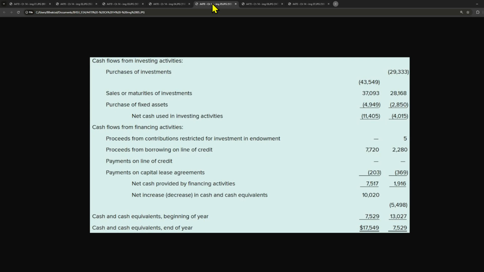When we talk about investing activities, it's typically saying we are trying to maintain the efficiency and effectiveness of our long-term assets. And you can see from a not-for-profit point of view, what are their long-term assets? A lot of times they take donations and put them into investments. So you can see not only is there purchase of fixed assets, but there are investments here.